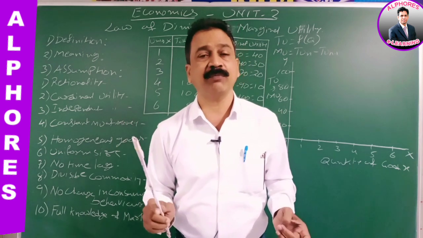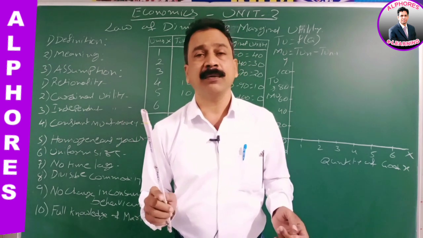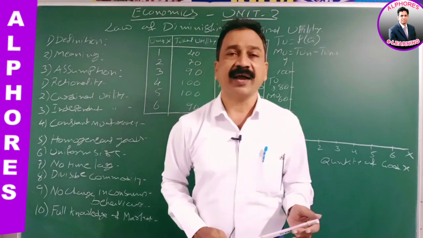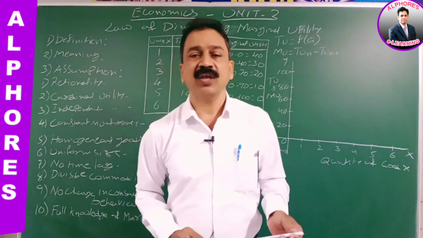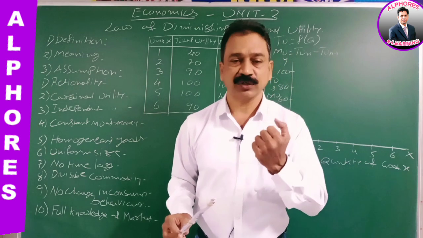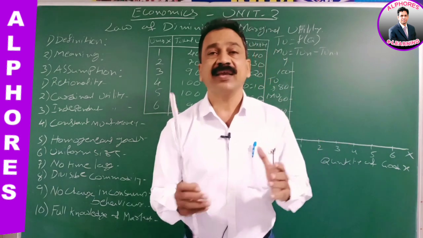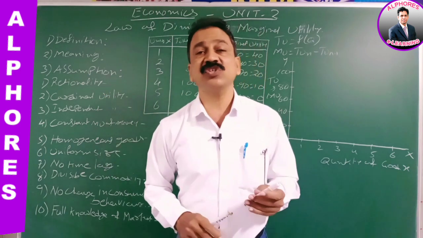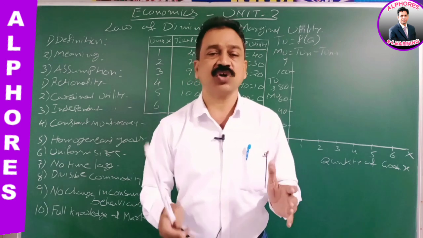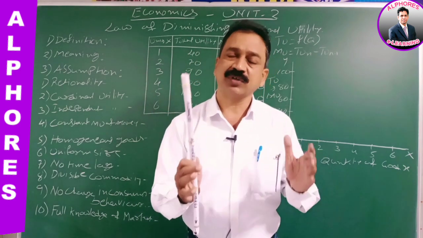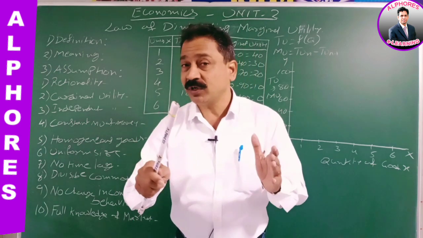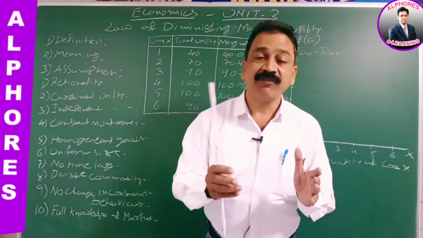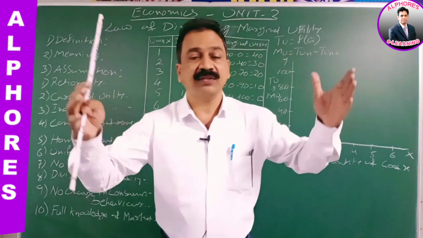According to Marshall, this law of diminishing marginal utility is, in one sentence: again I will repeat, the additional, marginal benefit which a person gets from a given increase in the quantity of his stock of a thing diminishes. What diminishes? Marginal utility diminishes with every increase in the stock that he already has.